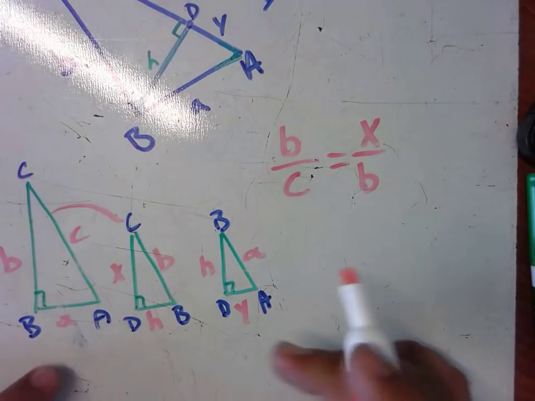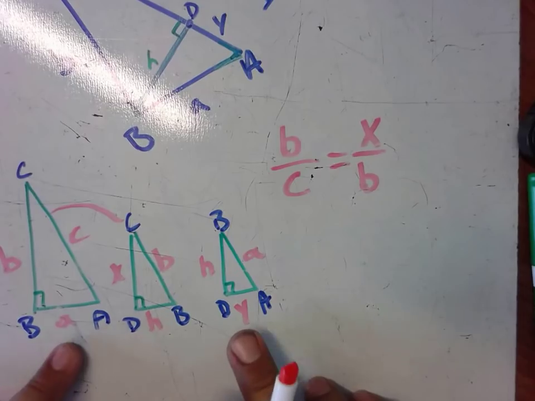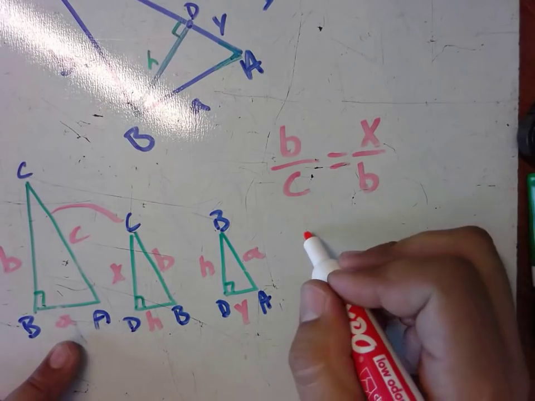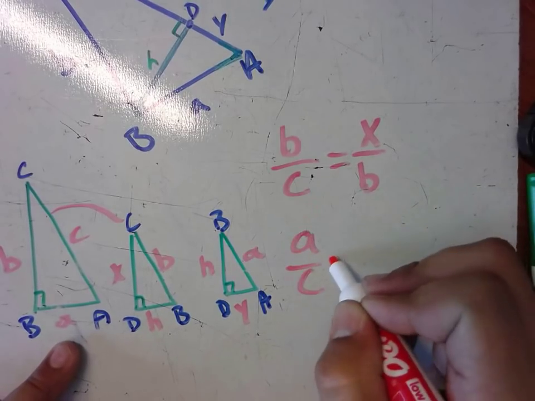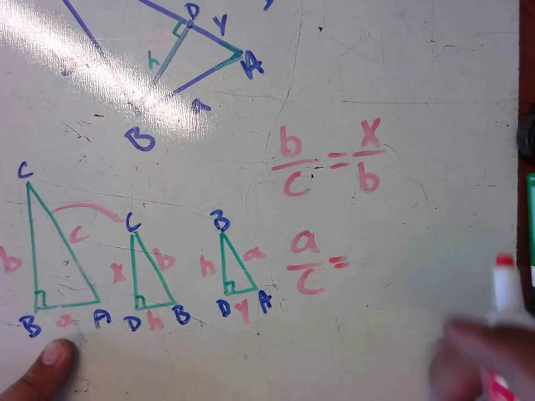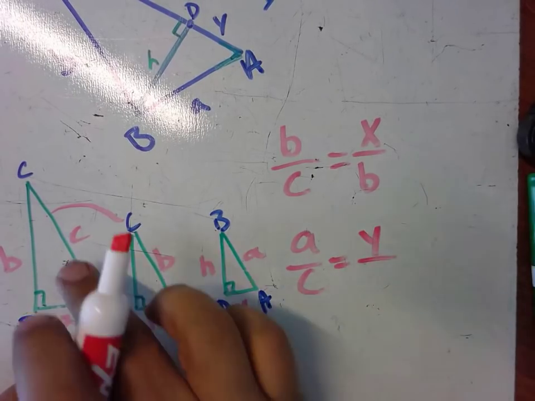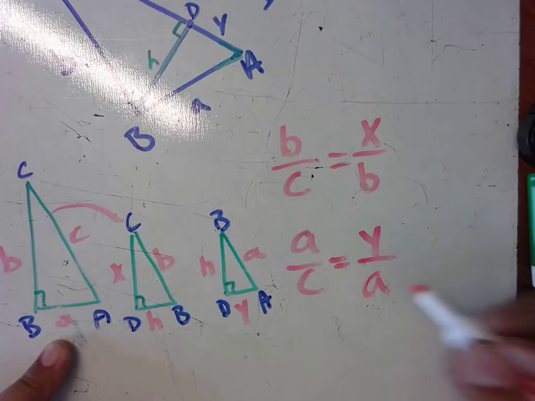Now I'm going to do the second two that I proved were similar. The only thing they have in common is the A. So you have A over C equals, corresponding to A would be Y, corresponding to C would be A.